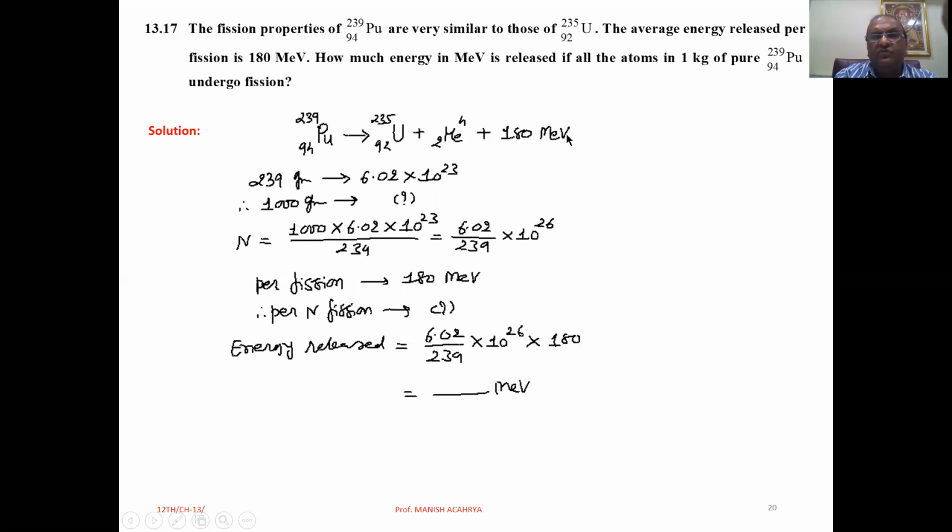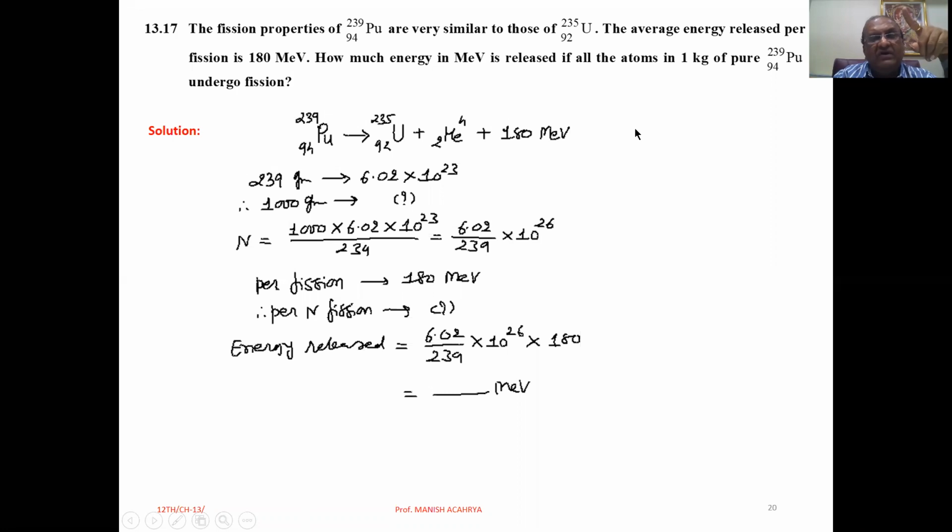First of all, we have to calculate the number of nuclei in 1 kilogram of Pu. Here the atomic mass number is 239. So if we take 239 gram, then the number of nuclei will be 6.02 into 10 raised to 23. Therefore, in 1000 gram, that is 1 kilogram, the number of nuclei is 6.02 upon 239 into 10 raised to 26.